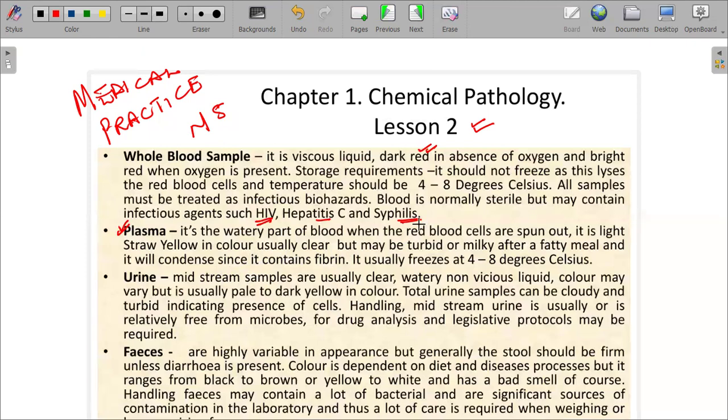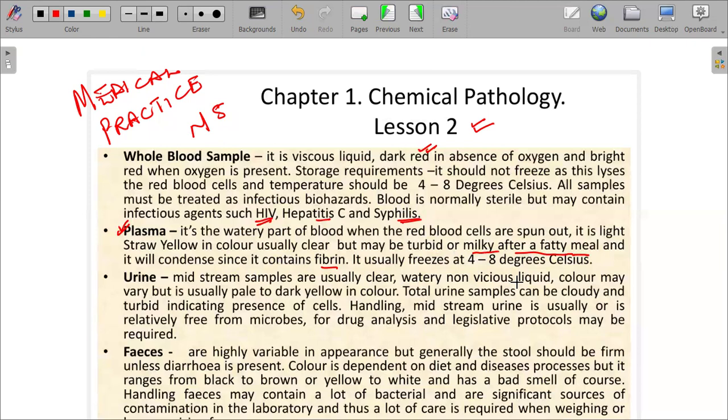If a person eats a fat meal, the blood plasma can also be milky, and since it contains fibrin, it is usually stored at 4 to 8 degrees Celsius.